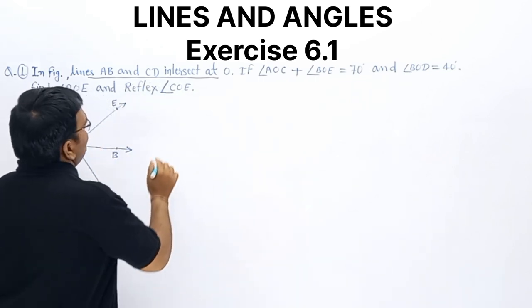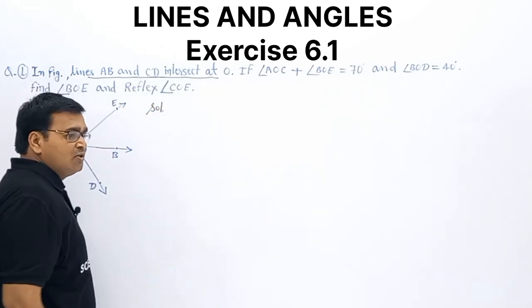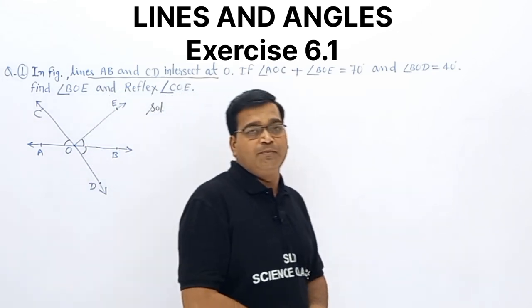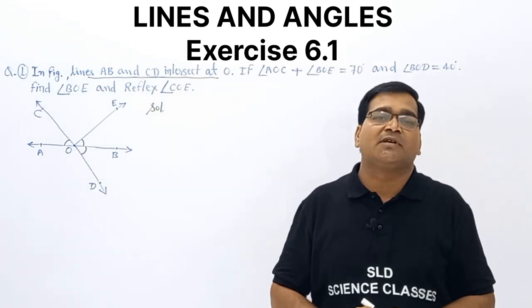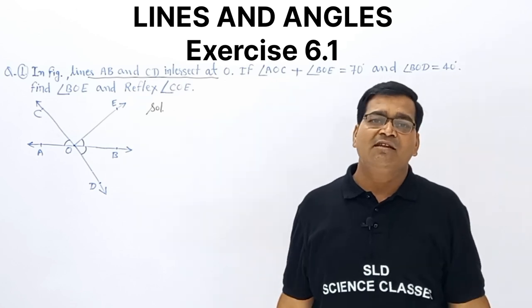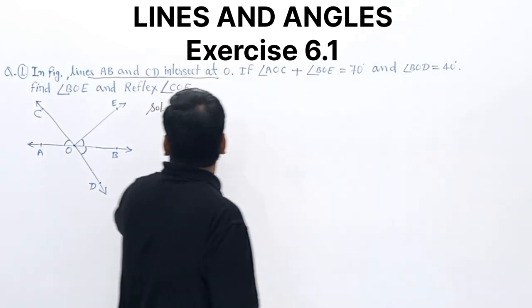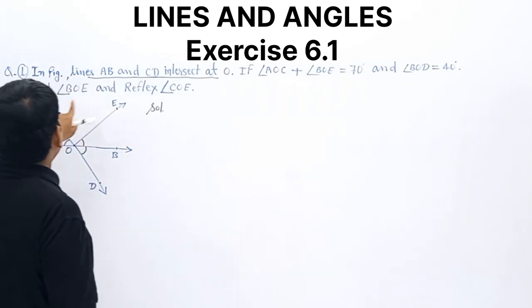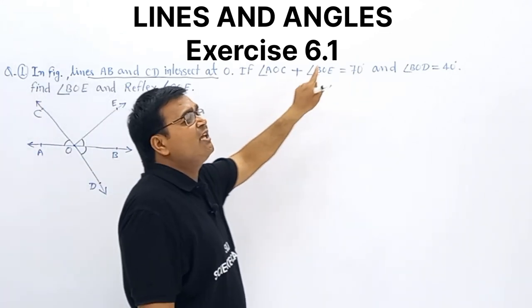Observe. So, what will be its solution? Observe carefully. These geometry topics are so simple. Once your concepts are clear, you can easily prove. So, observe, I am writing the solution. First we should observe the given data.